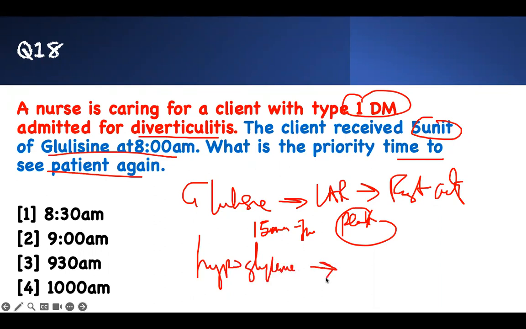So you want to go and see them back at the time they are at risk of hypoglycemia. And what is the time? Their peak. Okay, so the peak for this is always an hour. That's the lag, the fast acting. So if I give it to you at 8, I'm coming back at 9 to check on you as soon as possible. So that's the right answer.